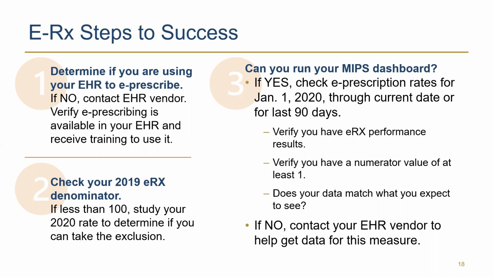That may give you somewhat of an idea of how much you have been prescribing over time. If you are prescribing less than 100 e-prescriptions in your 90-day time frame, you may want to claim the exclusion. And we'll talk about that in just another minute.